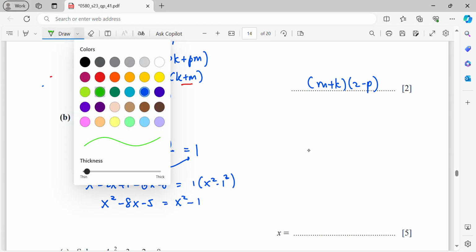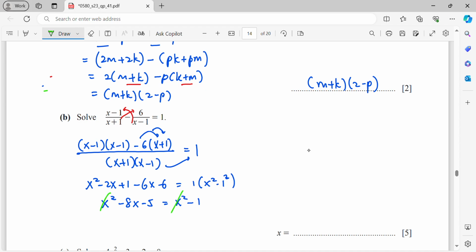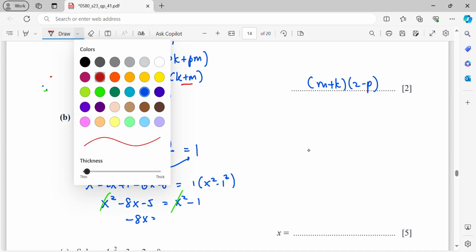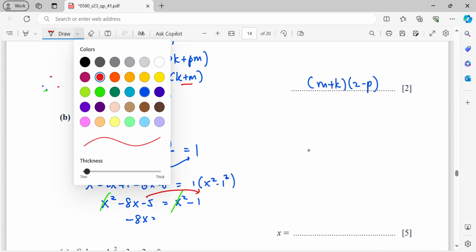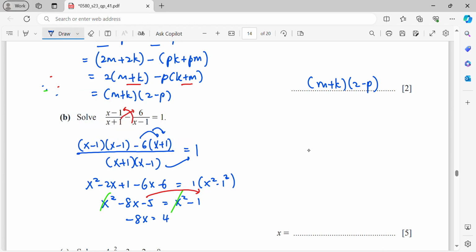So the x squared can be cancelled off from both sides. Then this minus 8x, the minus 5 will be moved to the right side, so it becomes plus 5. So minus 1 plus 5 is basically 4. Then from here, my x will be 4 divided by minus 8, which is minus half. So that's my solution of this part B.